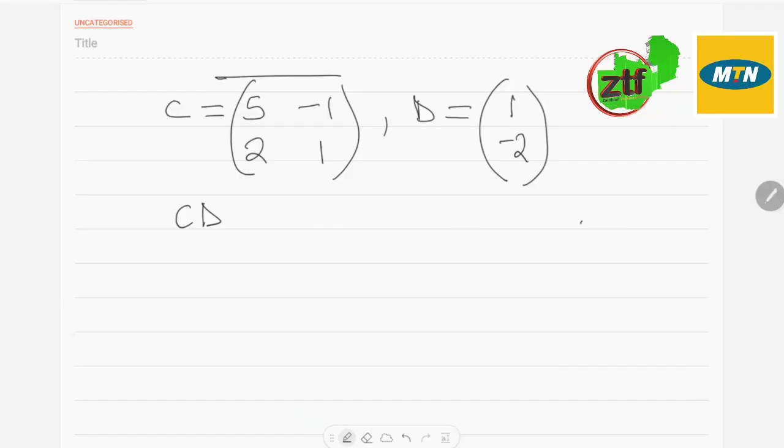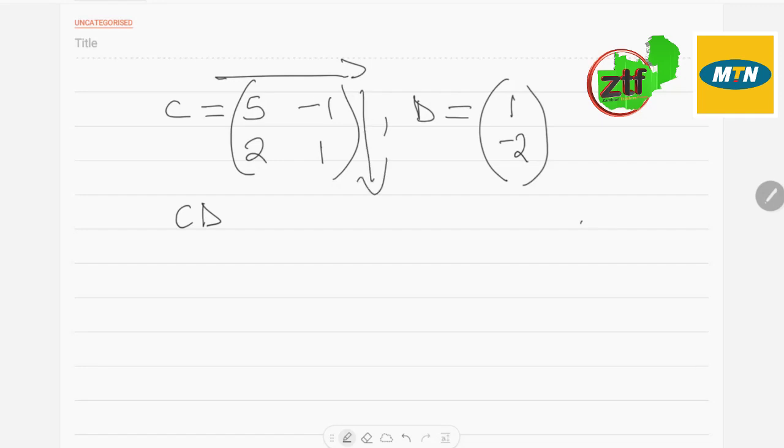Here we are just dealing with matrix multiplication. When you're dealing with matrix multiplication, you need to bear in mind that we multiply rows by columns. That's the rule that you need. In case you have forgotten, the rows are these, and the columns are these.